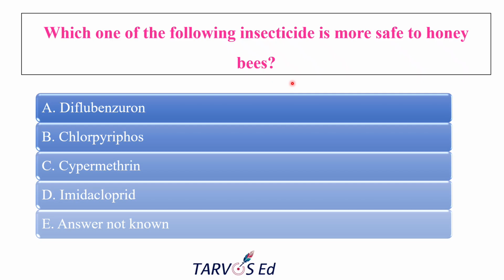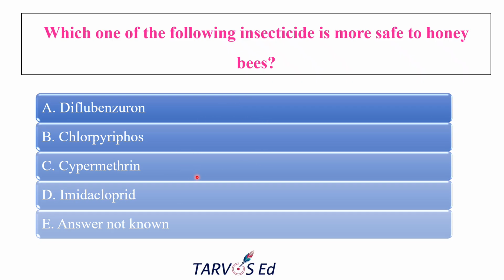Safe to honeybees means they pose low direct toxicity, or there is low residual activity on the flowers. Spraying toxic insecticides during the flowering stage kills foraging bees and affects pollination. So safe means those insecticides have a low toxicity effect.